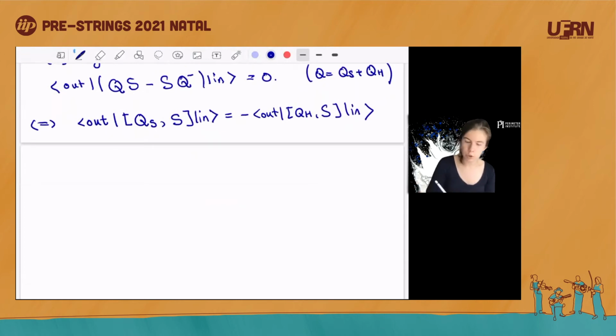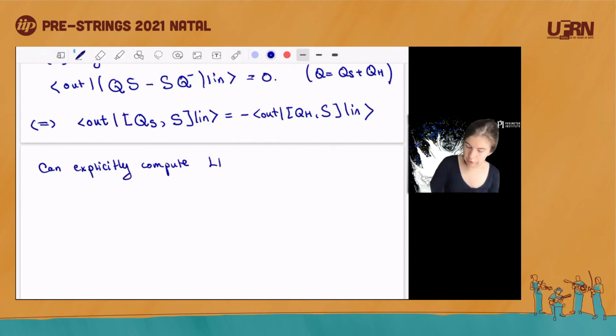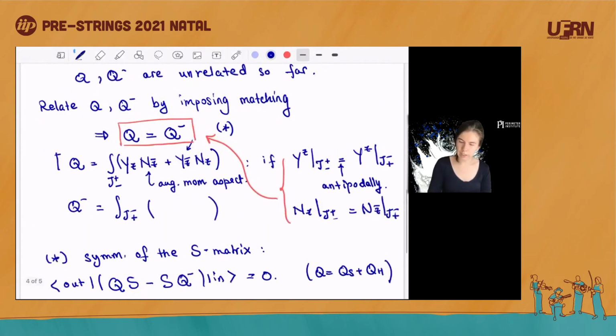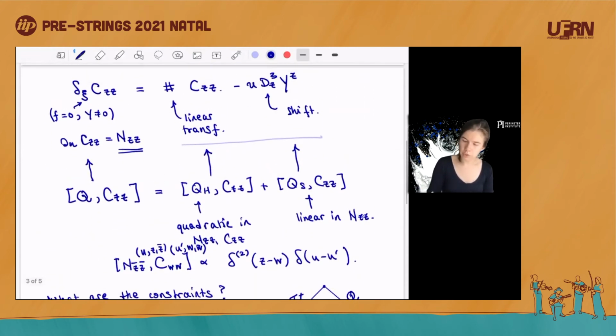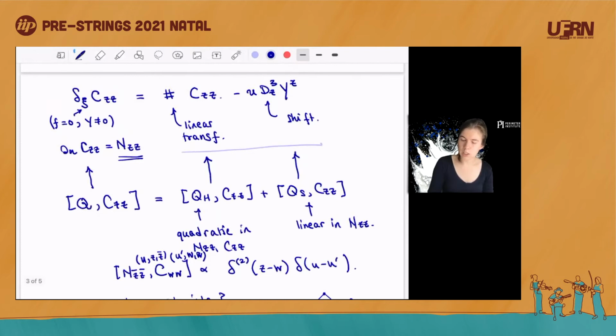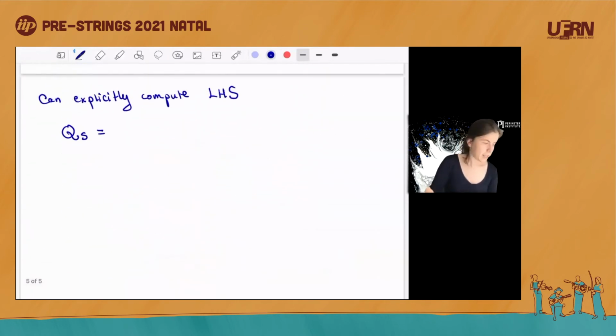So one can compute the left-hand side. And how do we compute it? Well, we take the expression of Q soft, which I haven't really written down, but it was an exercise to show that the Q soft whose commutator with CZZ gives you a term like this takes the following form.